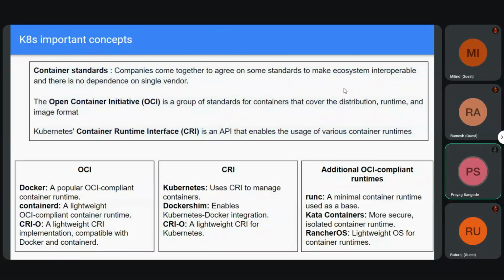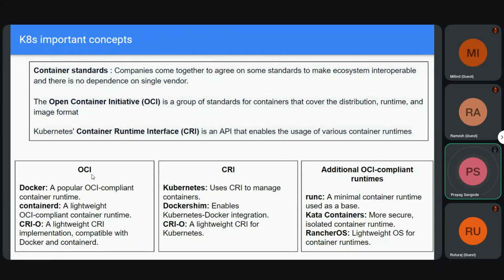There shouldn't be any single vendor dependency, so everyone should follow some standards. The same way we find IPv4 and IPv6 protocols, right? So that everyone adheres to those protocols. Similarly, for Kubernetes, we have OCI and CRI standards.